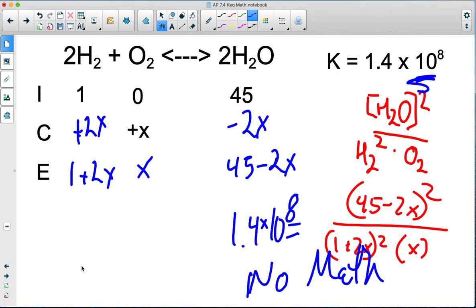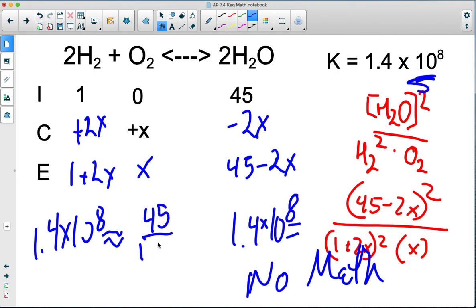It just goes away. So we're going to rely on the fact that we know chemistry enough to say that this 1.4 times 10 to the 8th is going to approximately equal 45 times 1 squared, and these are both squared, times x. Because compared to 45, this minus 2x isn't going to be measurable.